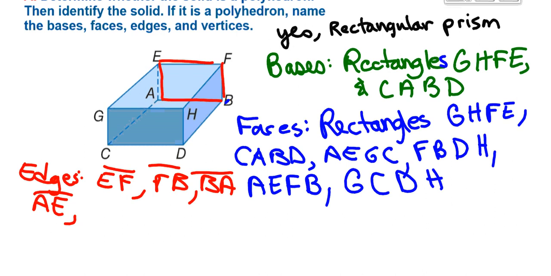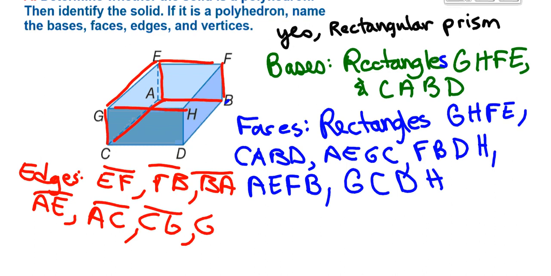So I've caught up to you now. Now tell me 4 more. Okay, so segment AC, segment CG, segment GE, and segment GH.